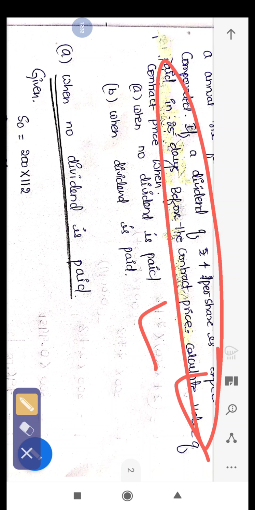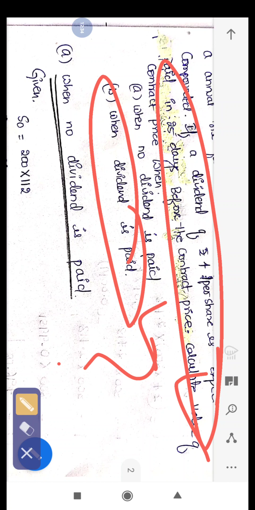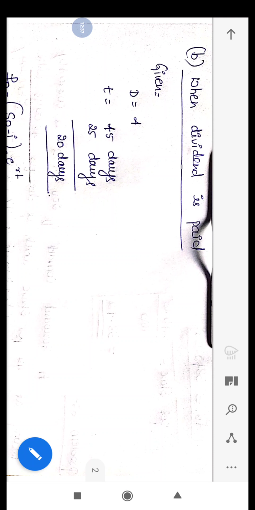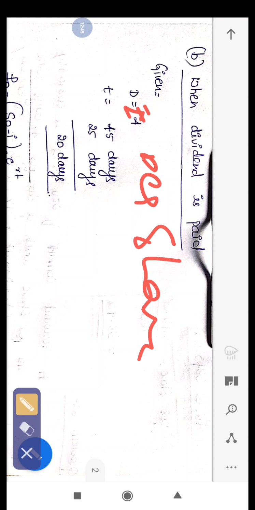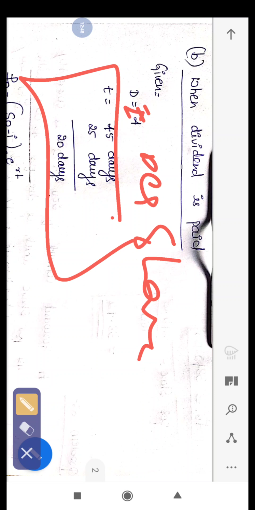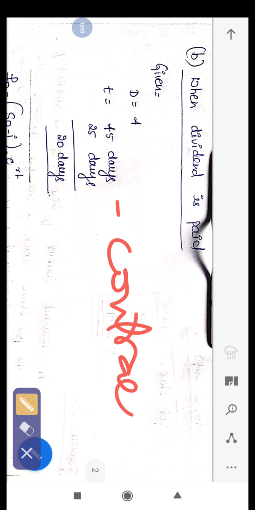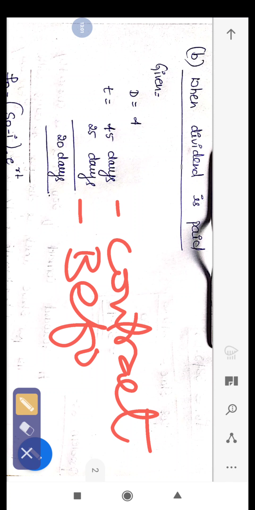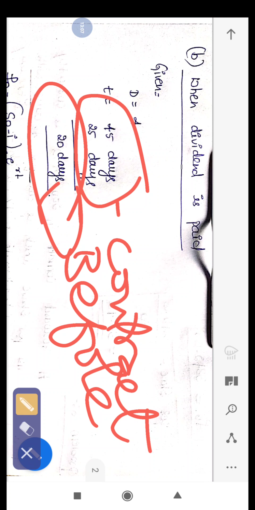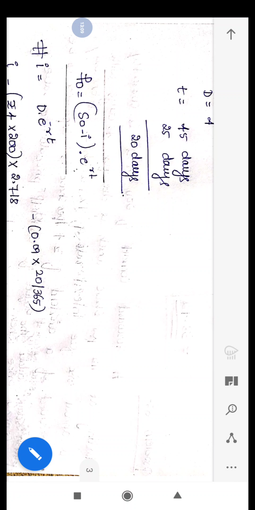So considering this part, when dividend is paid, what will be the contract value? Given the dividend is rupees 4 per share. I have told you already, the contract maturity is 45 days, and they have paid the dividend before 25 days only. So if we subtract this, the shareholders are getting within 20 days. So 20 is the maturity.